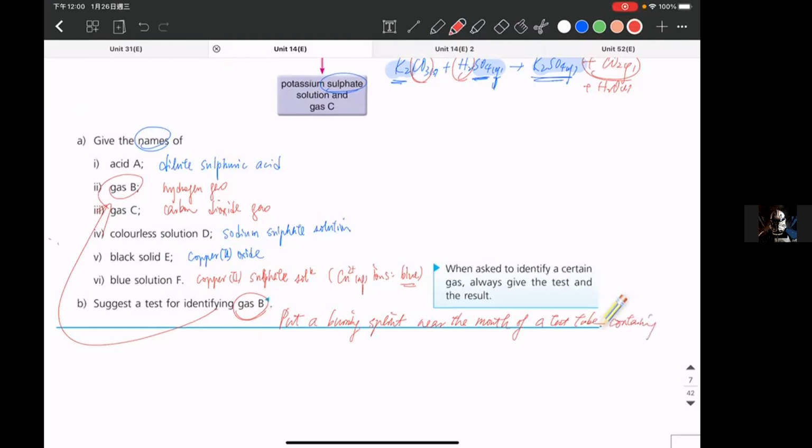It will produce a pop sound. Yes, good. Okay, a pop sound will be heard, which means the gas is hydrogen.